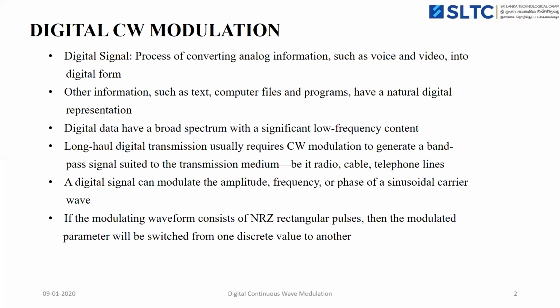Digital data has a broad spectrum band and significant low frequency content. Mainly this digital continuous wave modulation is used in long haul digital transmission applications, for example cable line transmission and telephone line transmission.